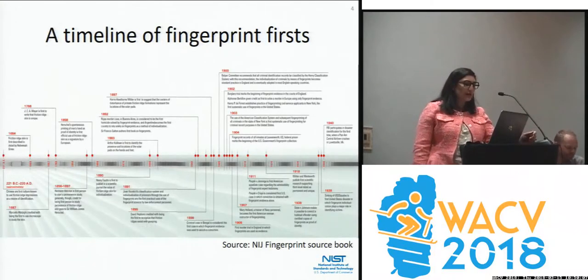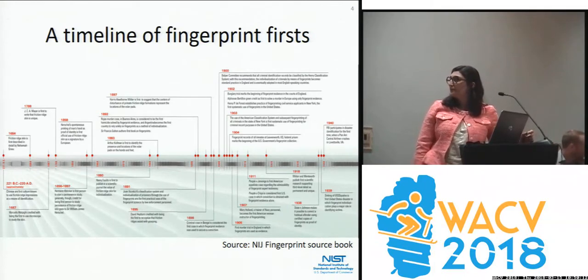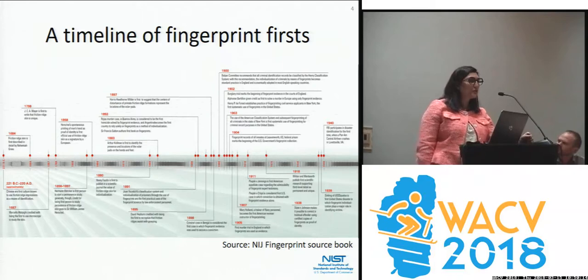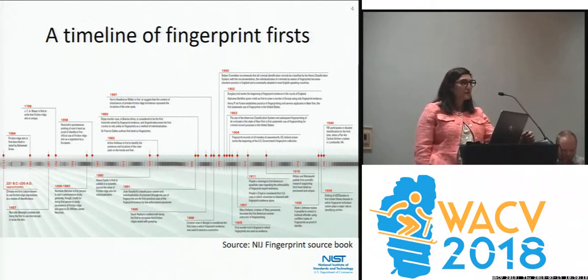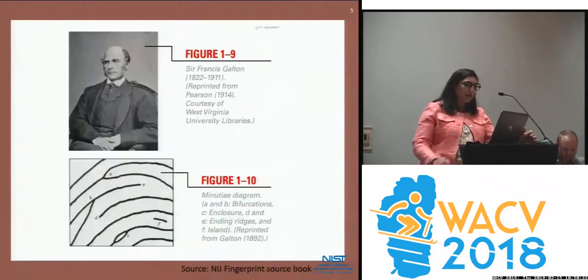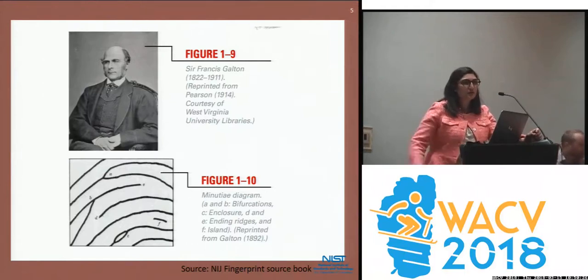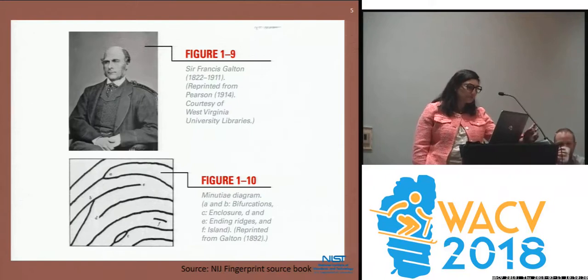As for fingerprints, the history of fingerprints goes back a long time. This is pasted from the NIJ fingerprint sourcebook, and they talk about the first evidence of using fingerprints for identification in 1600. Many of us know the beginning of fingerprint identification with the work that Sir Francis Galton did.